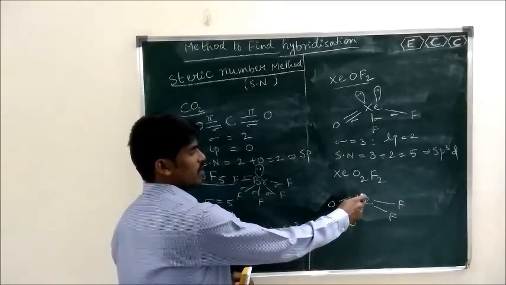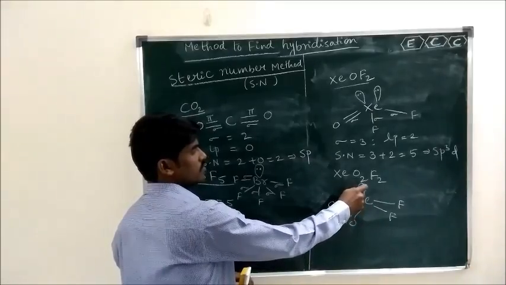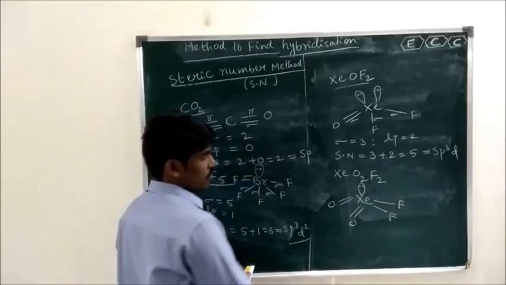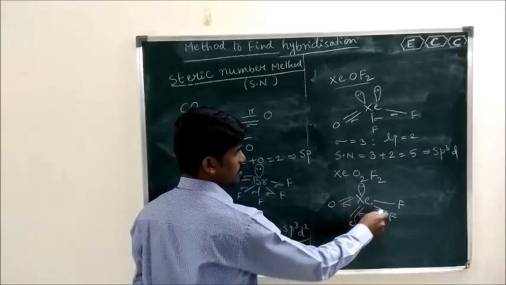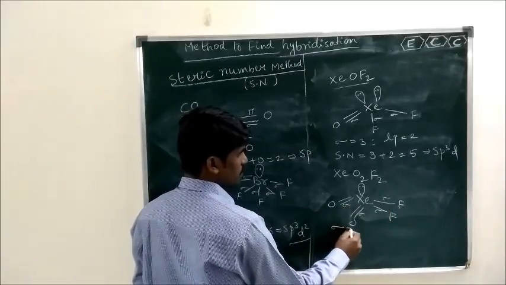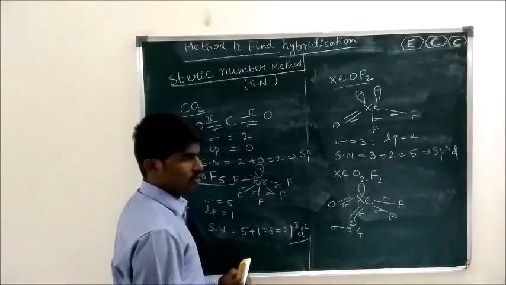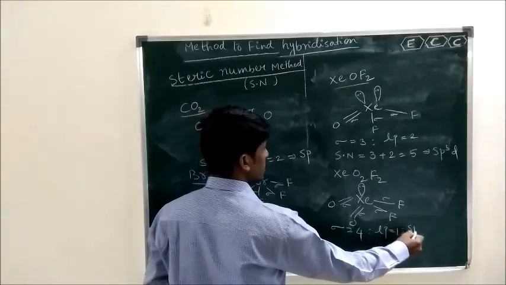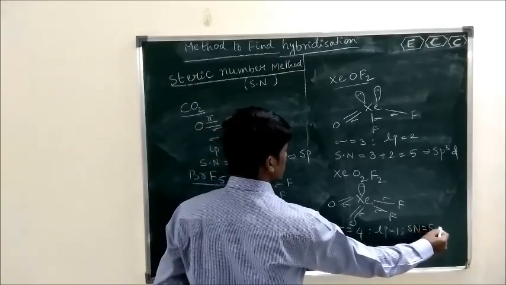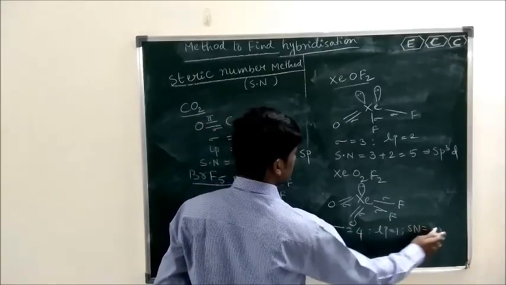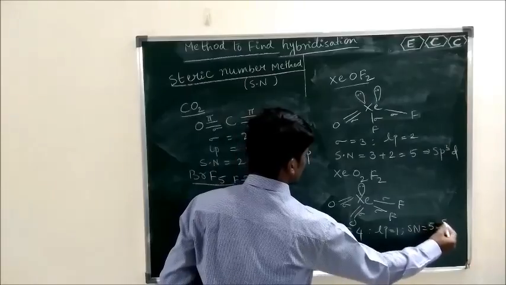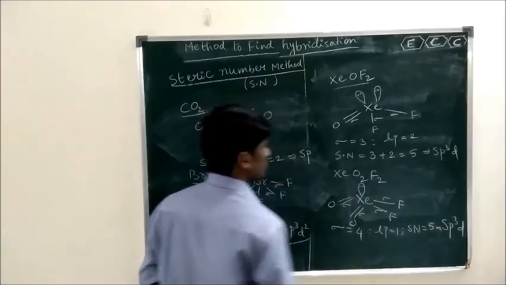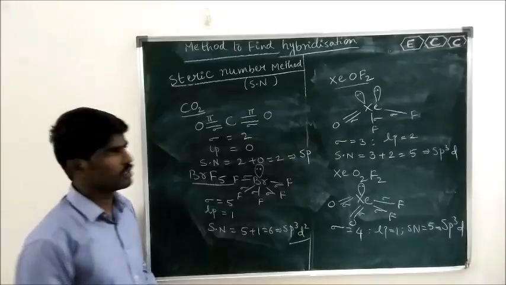But still how many electrons are there? 2 electrons. So it is sigma, sigma, sigma. Total number of sigma bonds is equal to 4, and lone pairs are equal to 1. So steric number is equal to 5: 4 plus 1. 5 in the sense, what is the hybridization? sp3d. That is the hybridization that can be given.